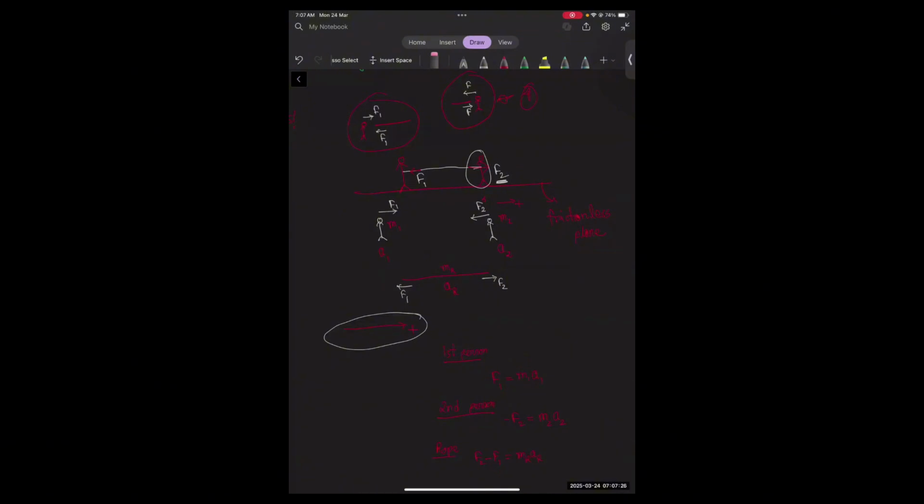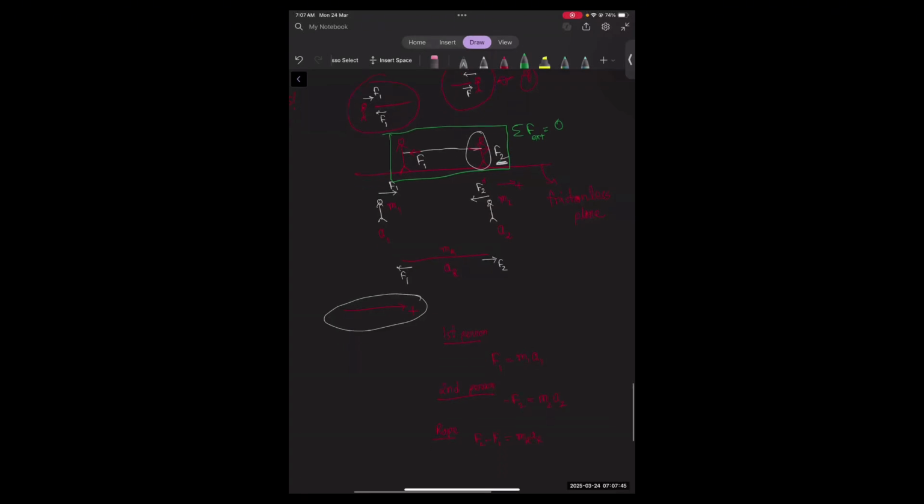Okay, now what if we try to take this as our system? If we take this as the system, what are the external forces? There are no external forces. These rope and pushing forces are all internal forces. So there are no external forces.